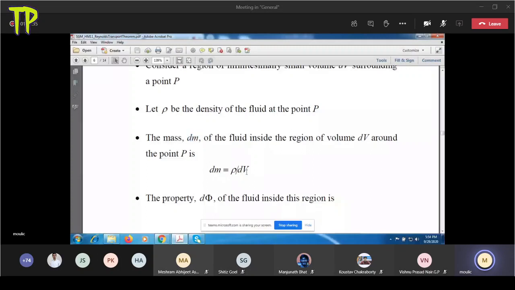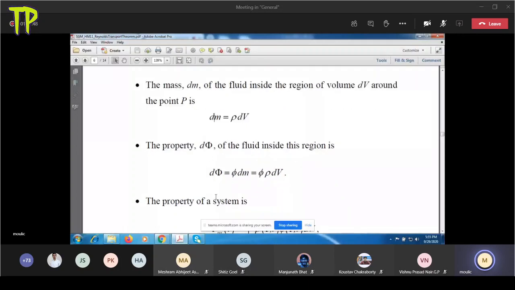The units of density are kg per meter cubed; multiply by meter cubed and we get the mass in kg. Associated with this mass there will be an extensive property d of capital phi, the property of the fluid inside the region of volume dV, which will be the specific property phi multiplied by the mass dm, or phi times rho dV.